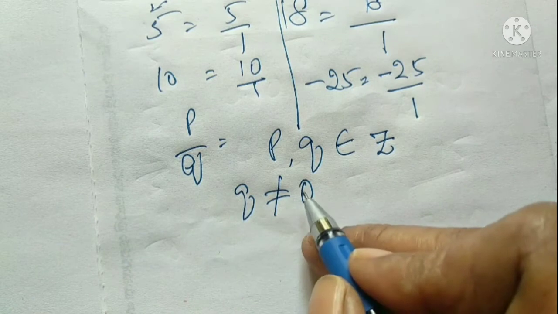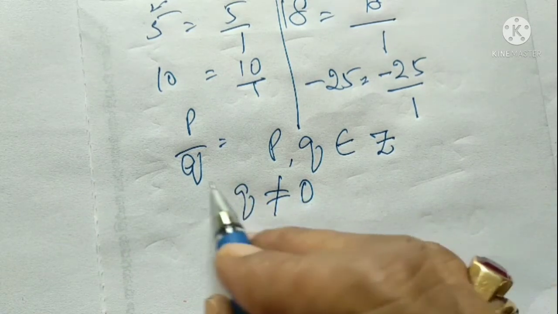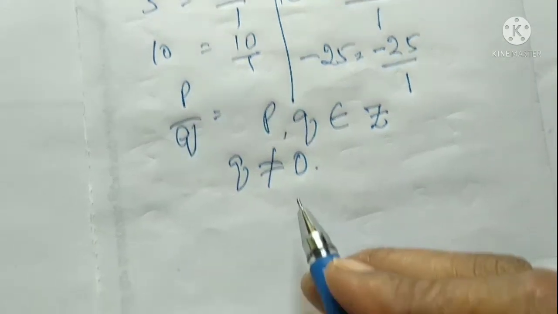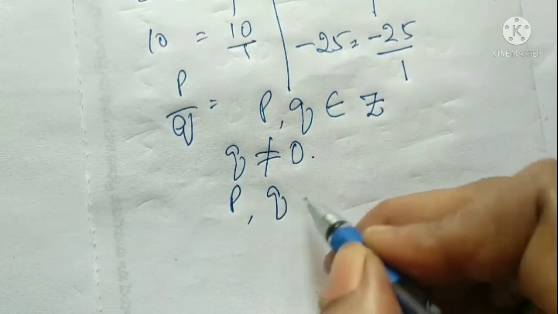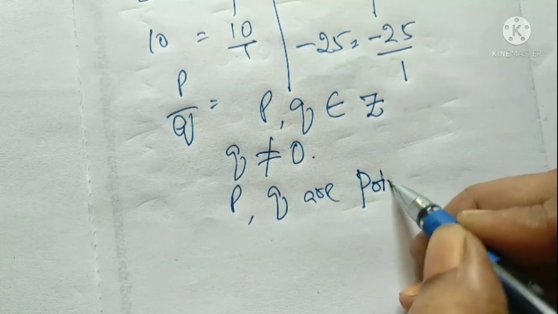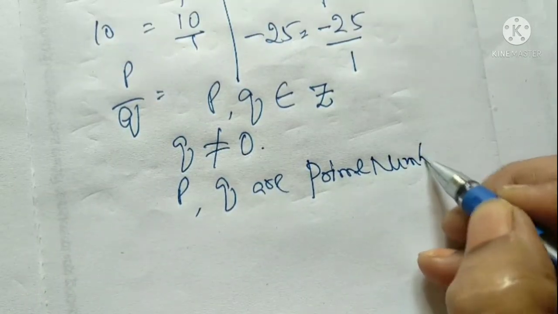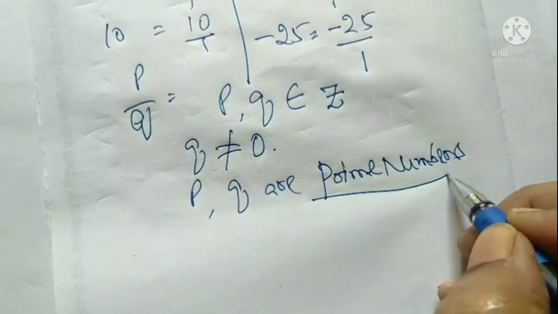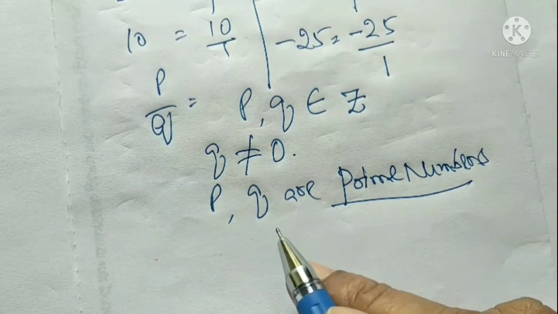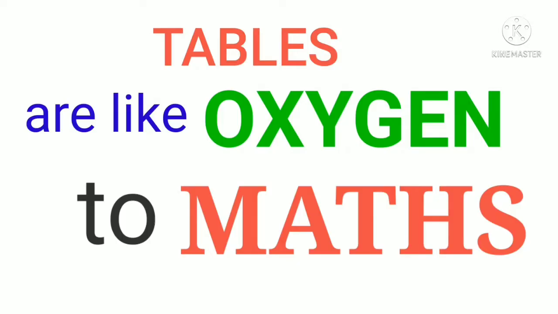If the denominator is 0, we cannot explain this number. That's why the denominator q should not be 0. And p and q should be co-prime, which means p and q should not have common factors.